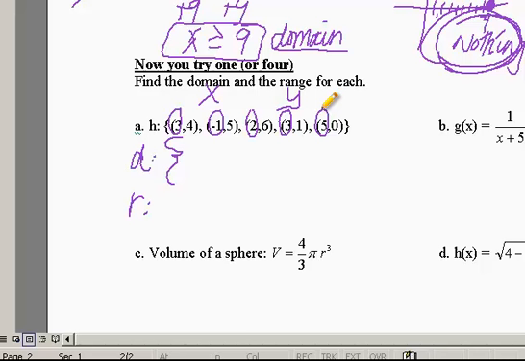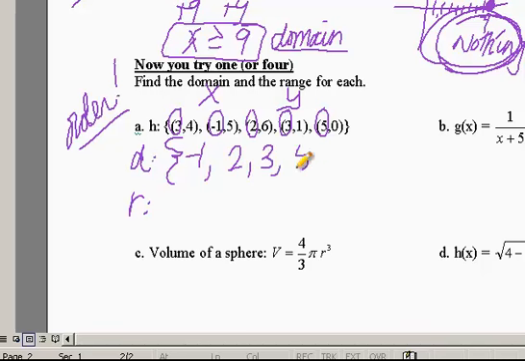Those are all of the possible x values. The biggest thing is please put them in order. So my lowest number is -1, and then 2, and then 3, and then 5. You will notice I did not duplicate the 3, because I know I have two values that are 3s, but I don't want to duplicate those values.